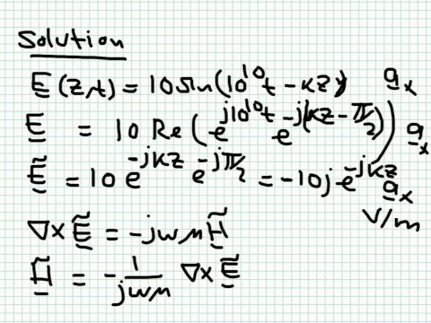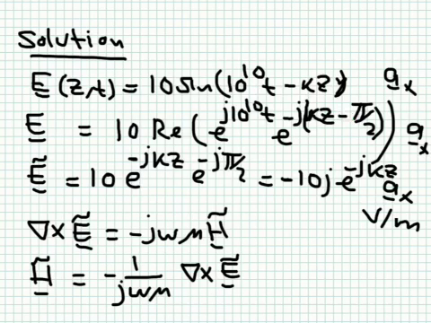So this is a time quantity, 10 sin(10^10 t minus kz) ax. I can simply write it as 10 multiplied by the real part of e to the j omega t, where omega is equal to 10^10, times e to the minus j (kz minus pi over 2). Remember that this is a sine, not a cosine. In order to make it a sine, I have to subtract pi over 2 from the phase.